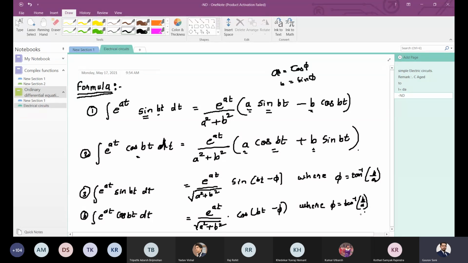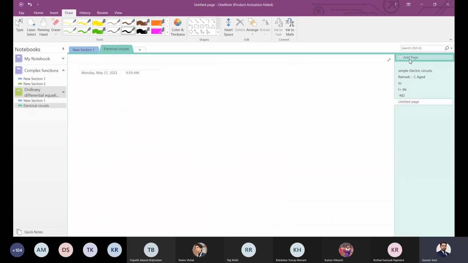Now we'll go for some examples. Examples are easy. I mean, one example can go. For example, in a circuit, given L is equal to 640 henries, resistance is 250 ohms, and electromotive force is 500 volts.